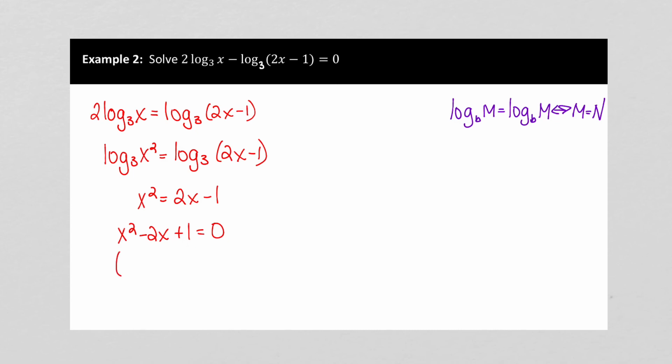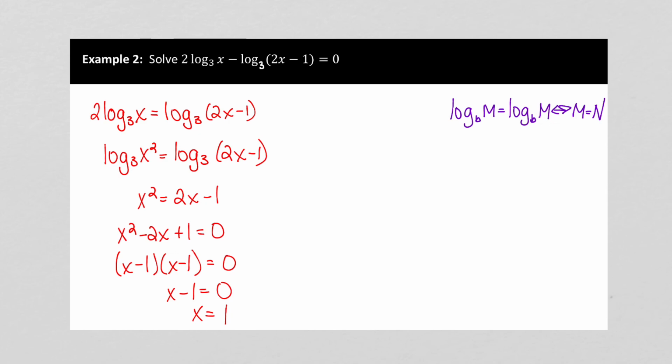And this one will factor. Negative 1 times negative 1 will give us positive 1, and negative 1 plus negative 1 will give us negative 2x. So x minus 1, just one of them, so we don't need to do it twice. And we have the solution x equals 1.